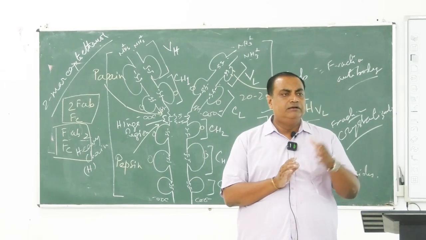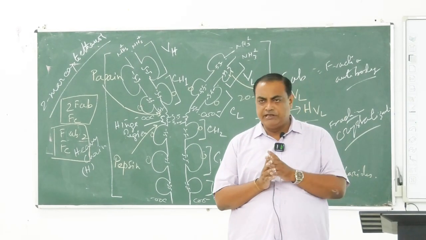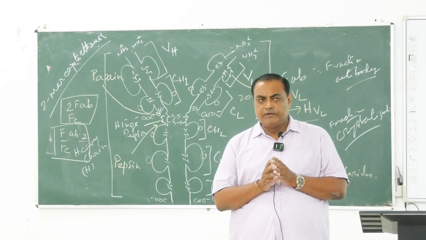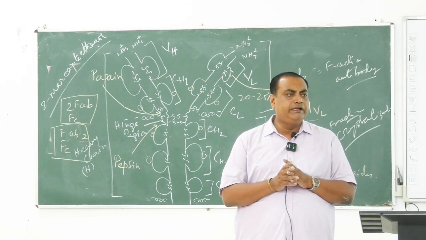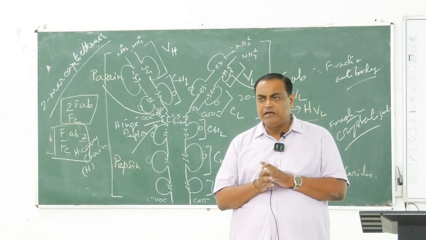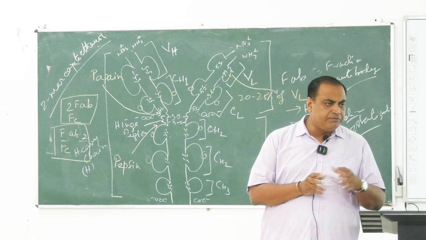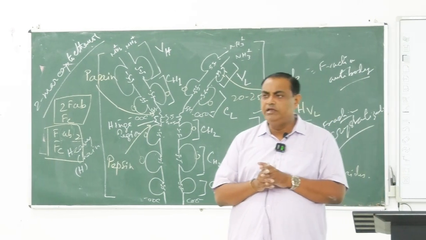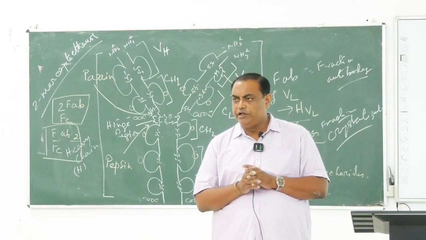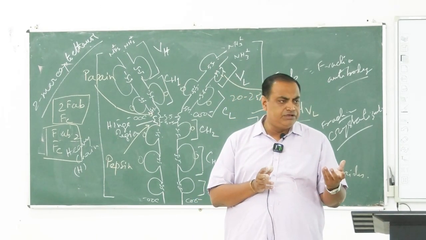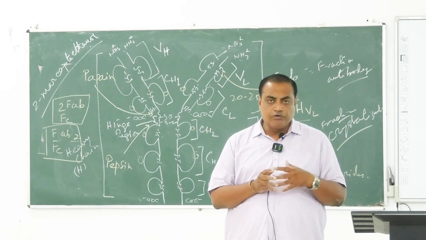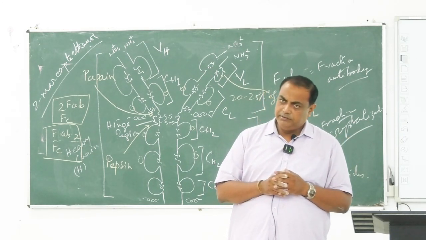There are light chains and heavy chains. Loops contain 100 to 110 amino acid residues. Constant region may vary from species to species of the antibody. Some may have 2 constant regions, 3, some may have 4. Okay.